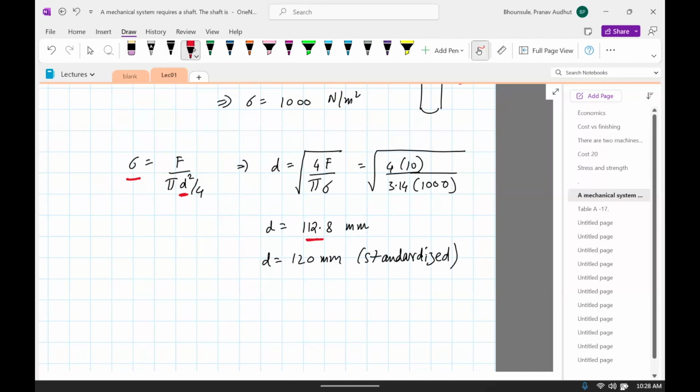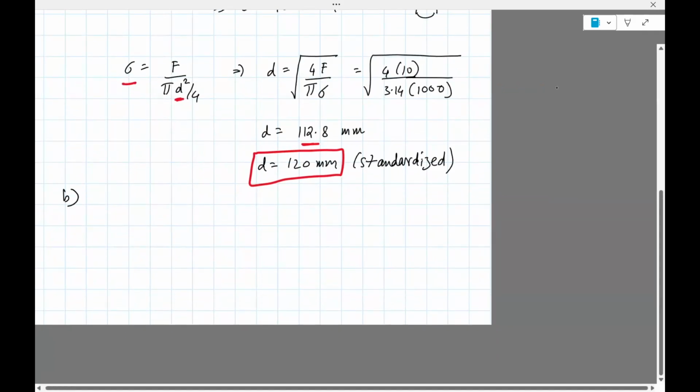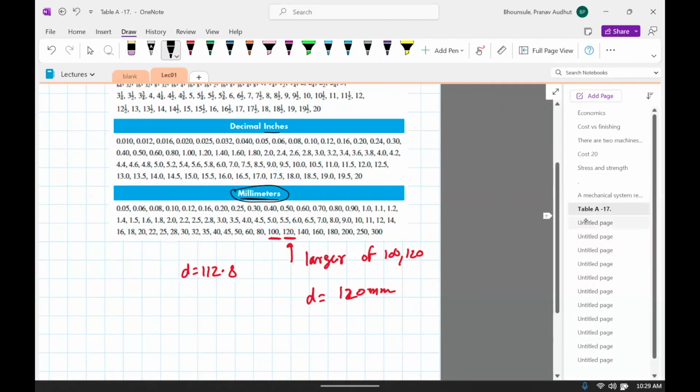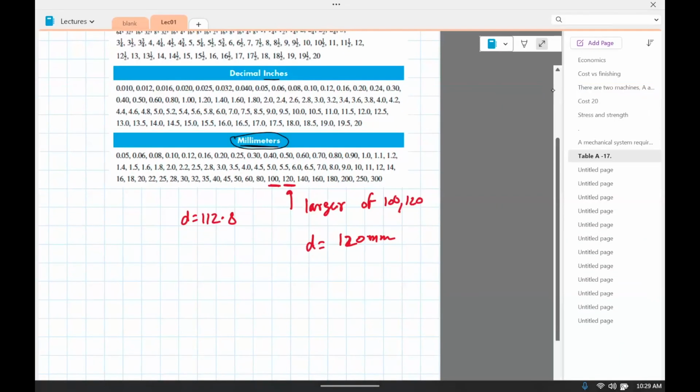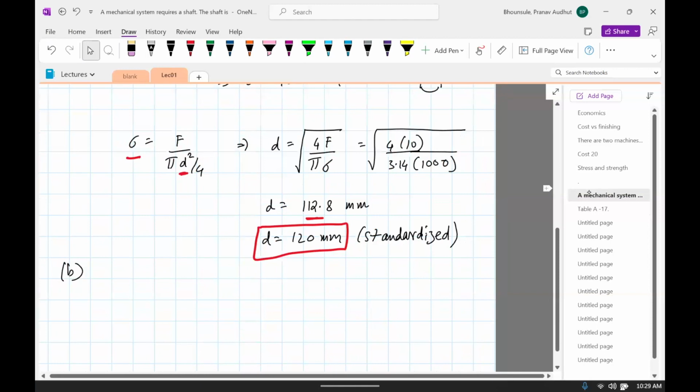So this is going to be our answer to the question, what is the shaft diameter, not 112.8, because you just cannot shop for a 112.8 diameter shaft. Okay, so we've got that part. Yeah, question. Back to the notes on the table. Yeah, I wanted to make sure that I got it. Thank you. So if you go back here, it's 120 mm we're stuck with.